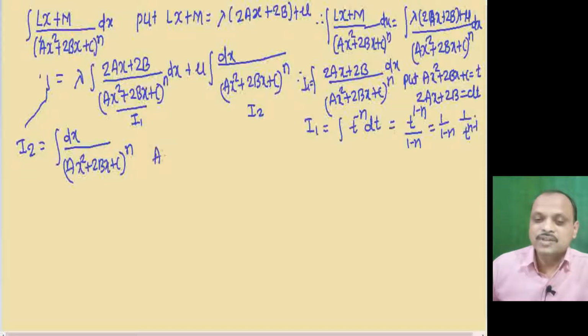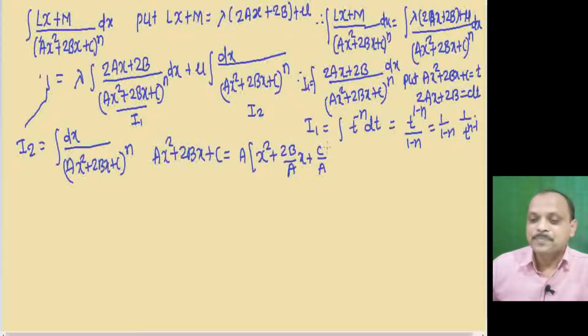Ax square plus 2bx plus c equals, if we take a common, x square plus (2b divided by a)x plus c divided by a, equal to a into (x square plus 2b divided by a x plus b square divided by a square, plus c divided by a minus b square divided by a square).